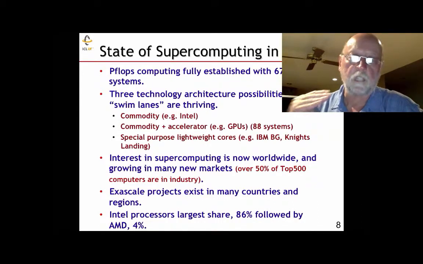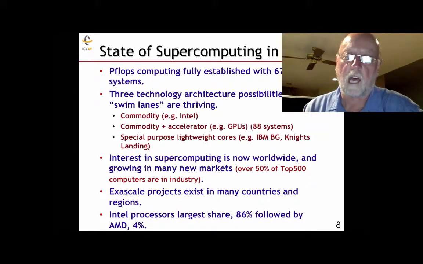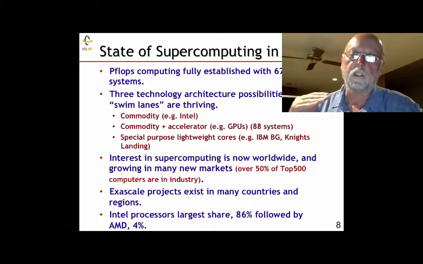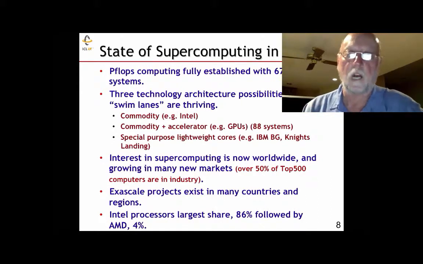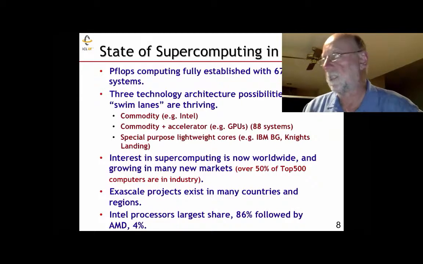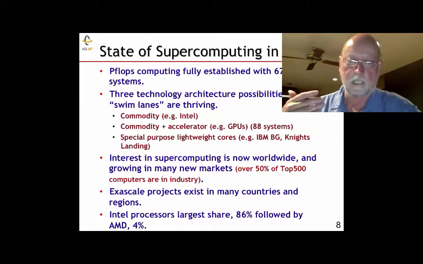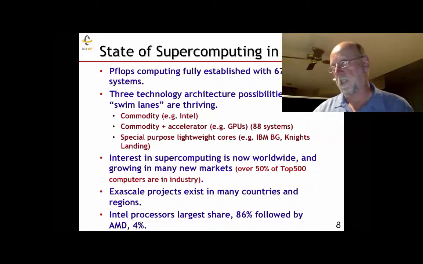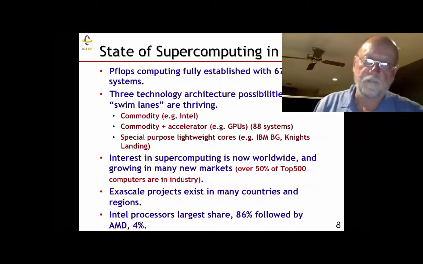The first architectural line is based purely on commodity processors, and by that I mean Intel processors as a typical commodity processor. So people are building large machines, integrated using Intel processors together with some commodity interconnect like InfiniBand.